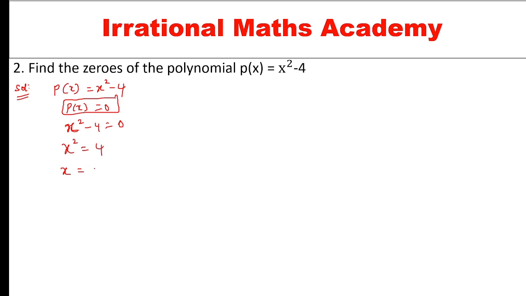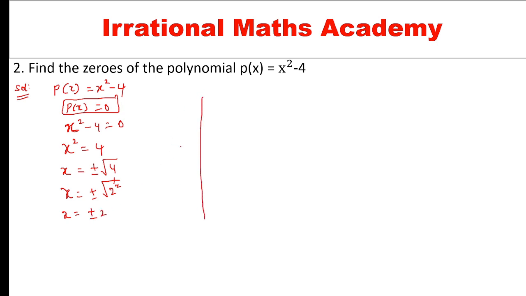If I take it to the other side, what happens? Plus or minus under root 4. I can write 4 as 2 square. Square and root get cancelled, and I'll get the value plus or minus 2.